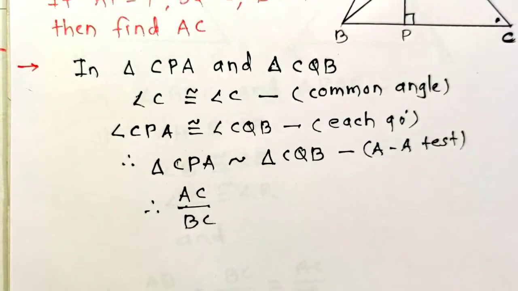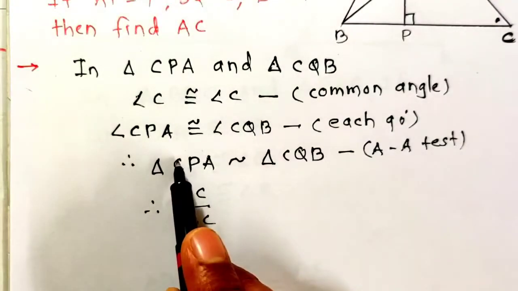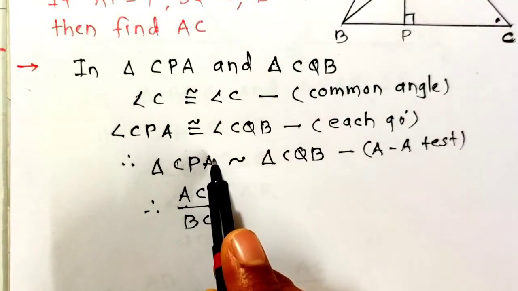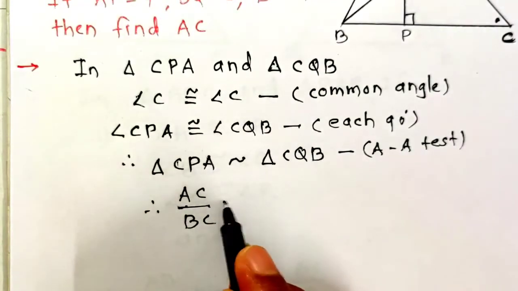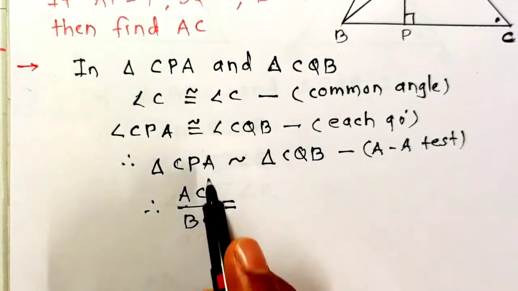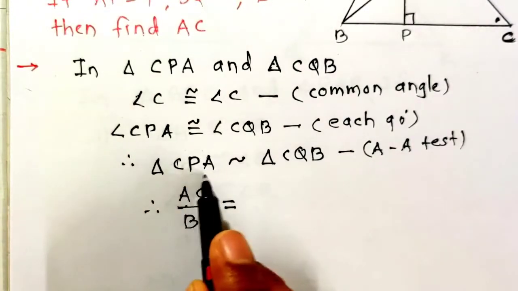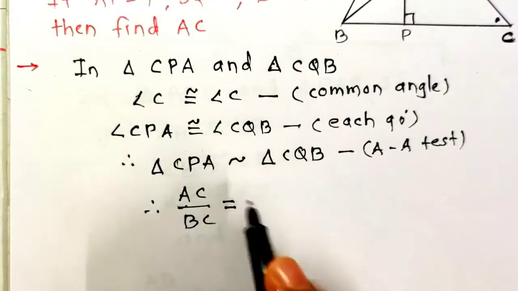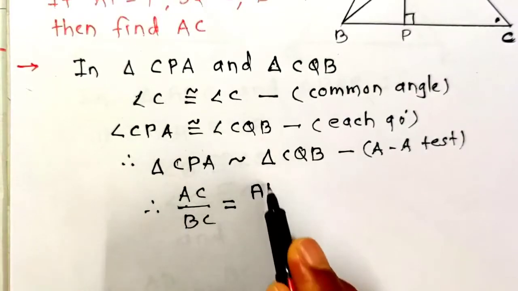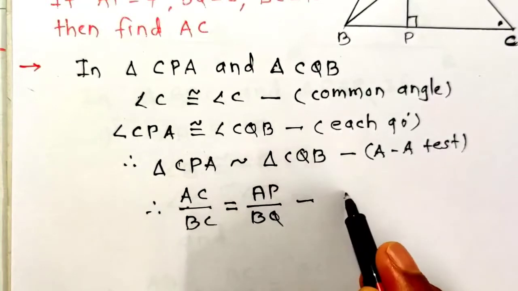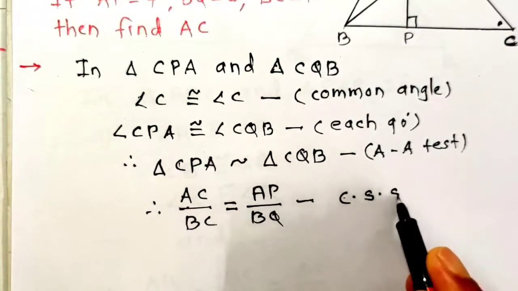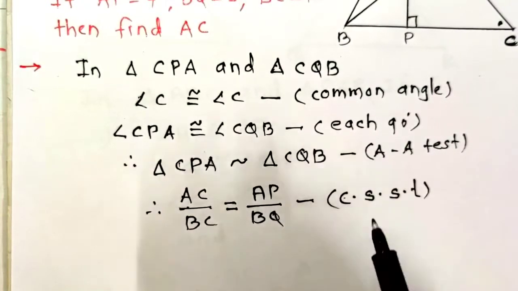Here the last ones, CA or AC and CB or BC, are equal to the second pair. This PA means AP and this is BQ. This is AP by BQ, and the reason is corresponding sides of similar triangles.